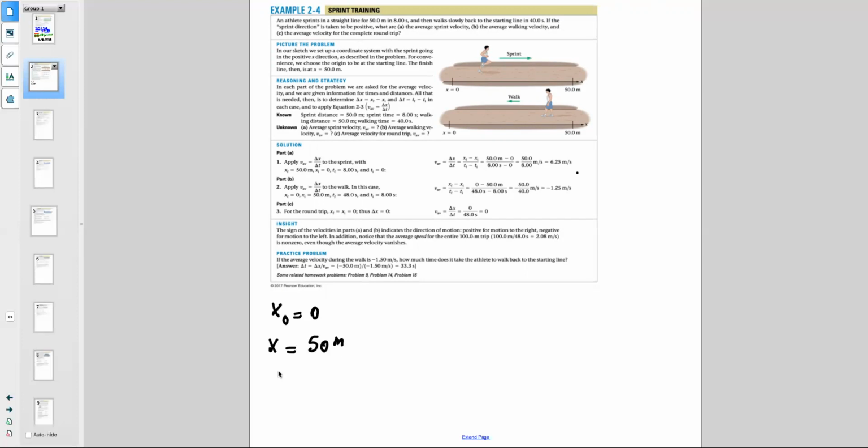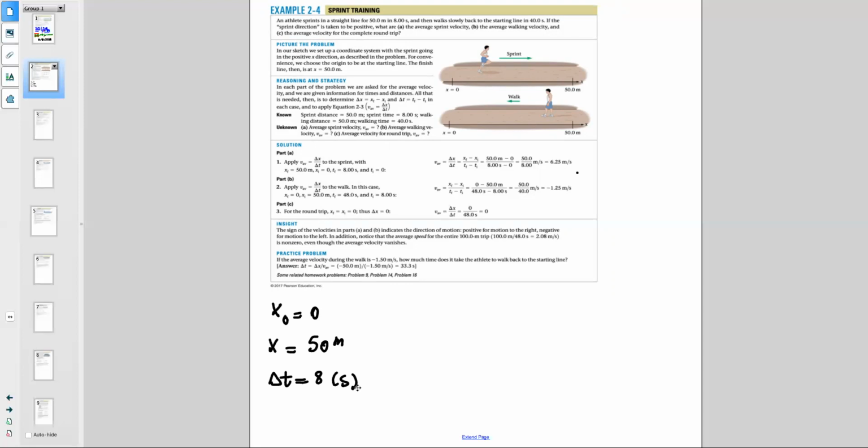Okay, and it took him 8 seconds to do that. So delta t here is 8 seconds. It started at x equals 0, at time equals 0. Then it went all the way to 50 meters in 8 seconds.